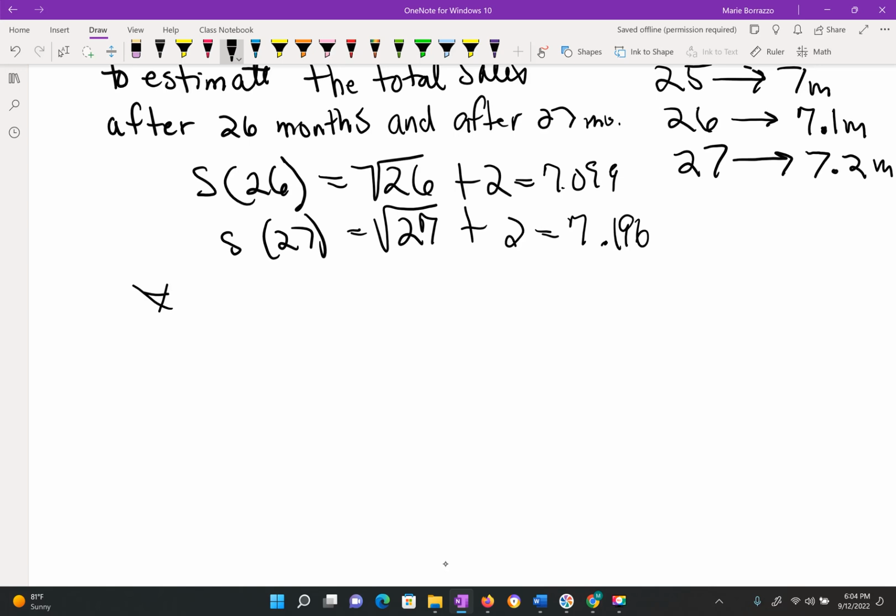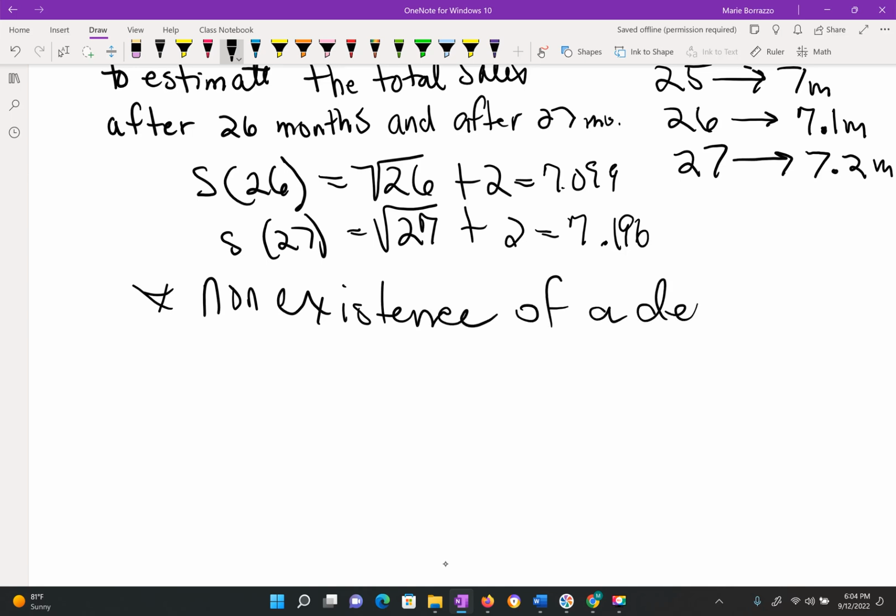And this is non-existence. Is there such a thing as a non-existence of a derivative? And you need to know this. Because you know that stuff we learned in 2.2 and 2.3 about limits? Yeah, that.